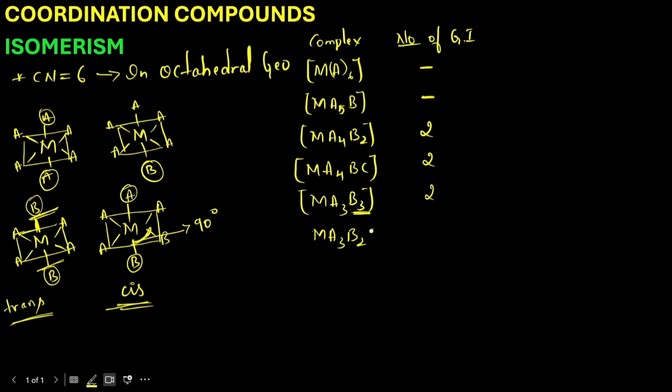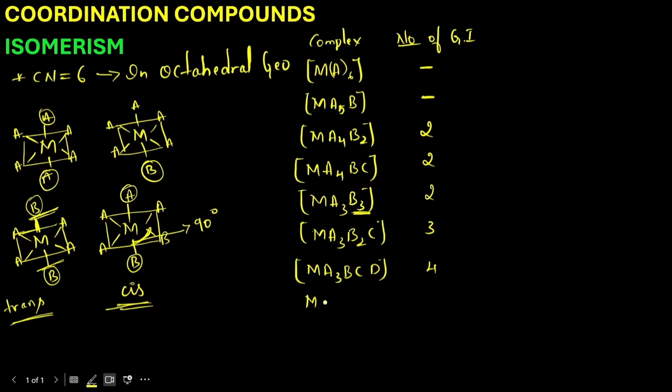In this type of complex, the number of geometrical isomers possible is 3. Next, we will write one more complex, that is MA3. Now we will split B2, that is B, C and D. So here the number of geometrical isomers is 4.